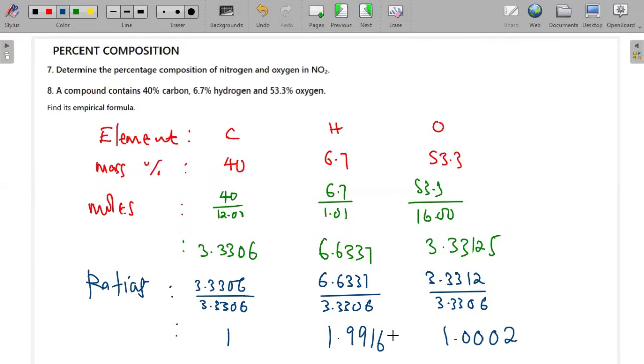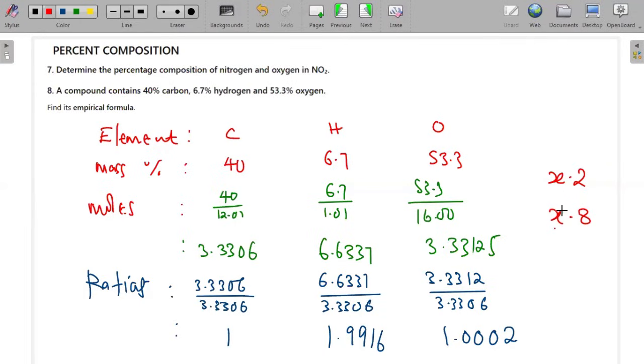Sometimes when you find these ratios, you cannot just round them off anyhow. For example, in the video that I sent yesterday, we had ratios that you cannot just round off anyhow. Otherwise, you're going to get the wrong answer. In that video, I was saying you can only round off if a number is between two specific values: x.2 and x.8.